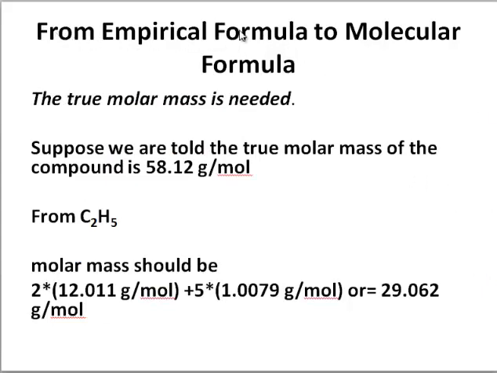If you have an empirical formula, it's possible to obtain a molecular formula if you have the true molar mass of the compound. Suppose we're told the true molar mass of the compound we're looking at is 58.12 grams per mole. The molar mass of C2H5, 2 carbons and 5 hydrogens, should be 29.062 grams per mole.